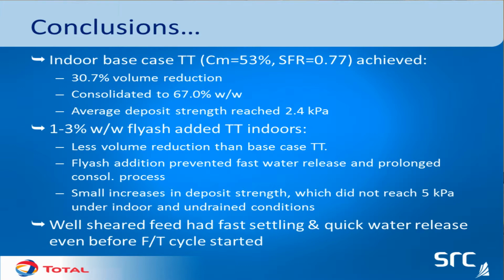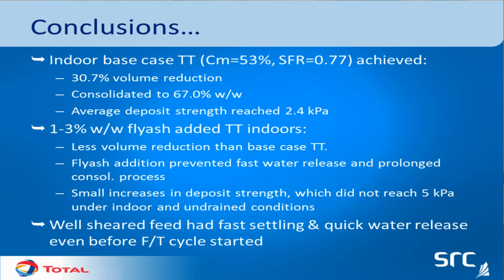1-3% fly ash added to TT indoors gave less volume reduction than the base case. The more you add, the much less volume reduction compared with the base TT. Fly ash addition prevents faster water release and prolongs the consolidation process.